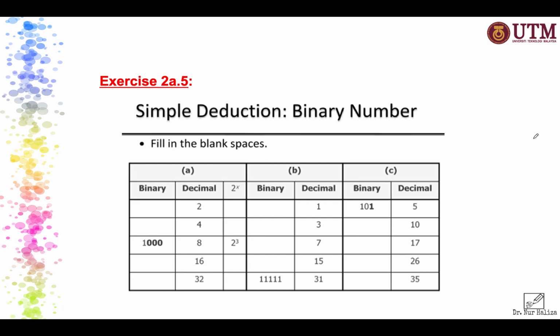Please try to use this template and fill it in by yourself: what the decimals are in binary, and what the binary is in decimal, and the same goes for all.